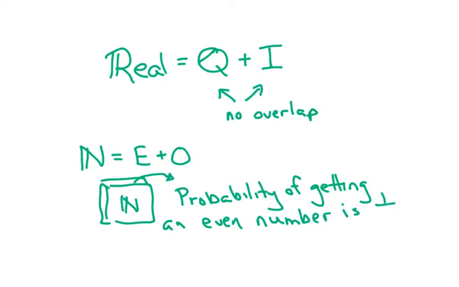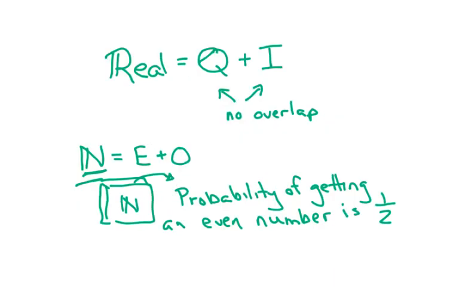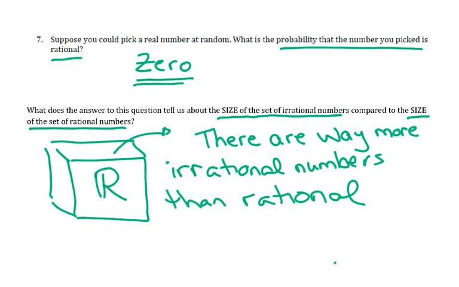It is 1/2, because half of the natural numbers are even and half are odd. But with the real numbers, the probability that you pick a rational versus an irrational, you will always get an irrational, because there's so much more. There are way, way more irrational numbers than rational.